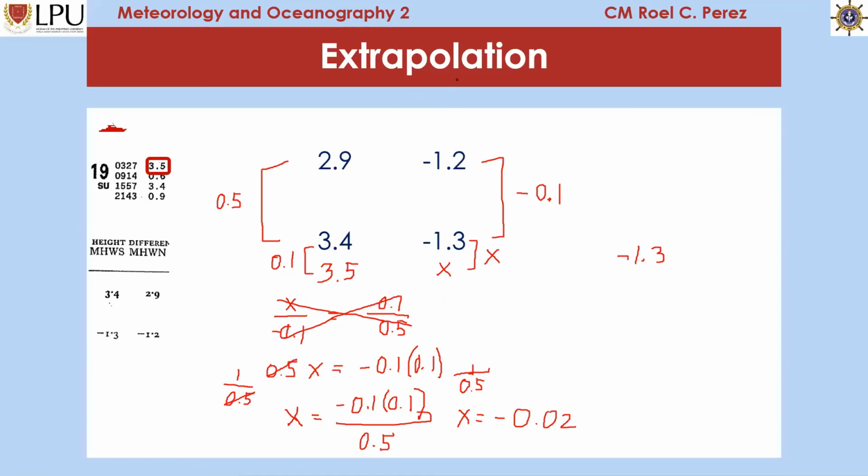We are going to add. 3.4 to 3.5 is increasing, so we are going to add natin yung negative 0.02. Negative 1.32, sir. Negative 1.32.